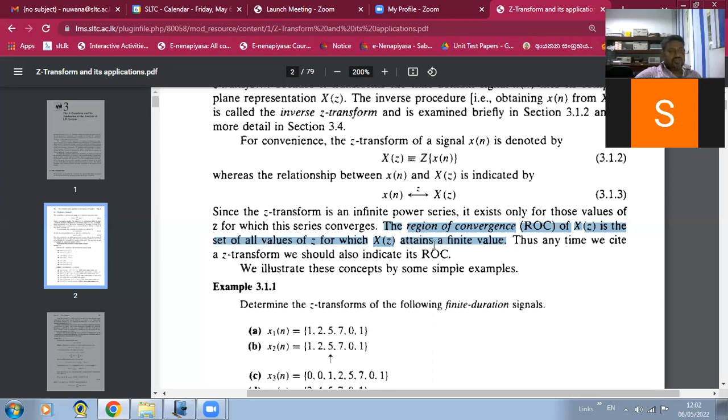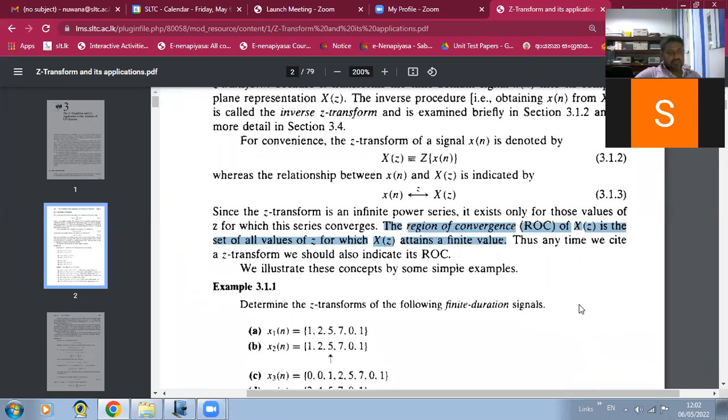So for a Z transform, when you convert any time series into a Z transform, it will become a power series.